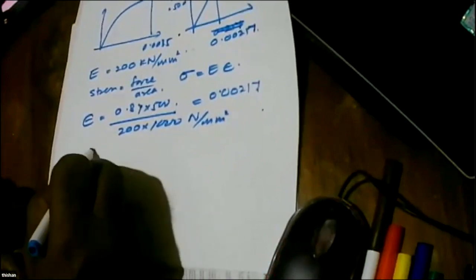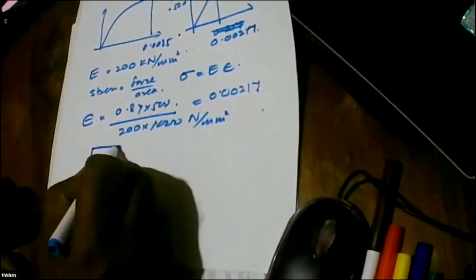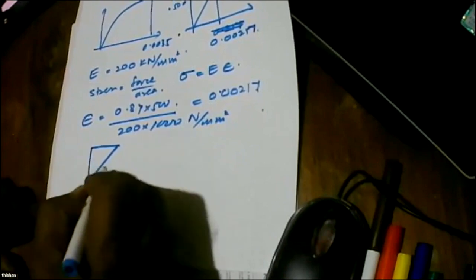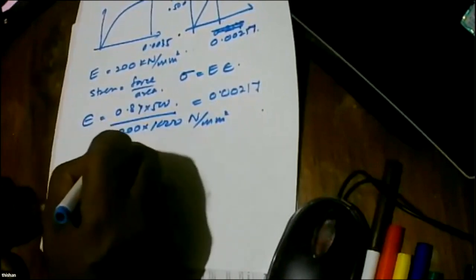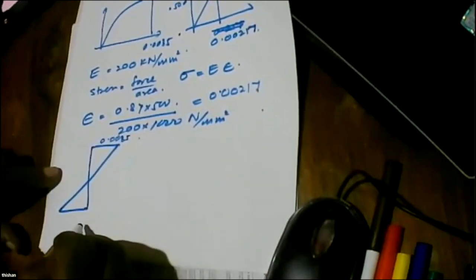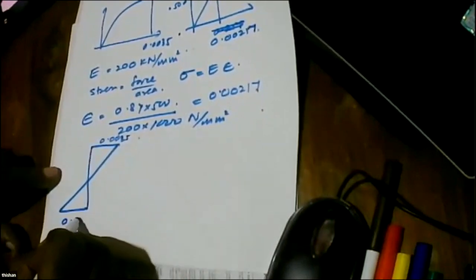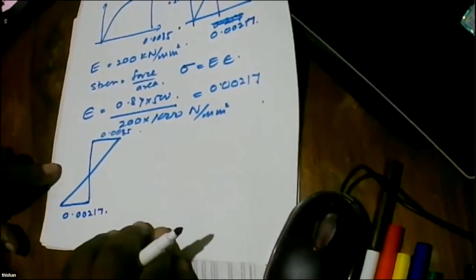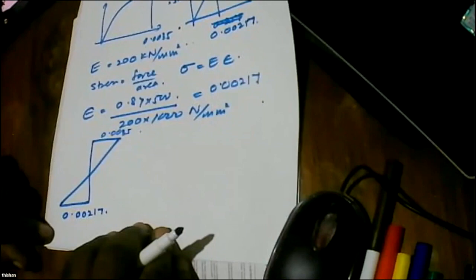So let's see what happens. This is the strain diagram, 0.0035, and if it is 0.00217, that means by the time concrete crushes, steel is about to yield.